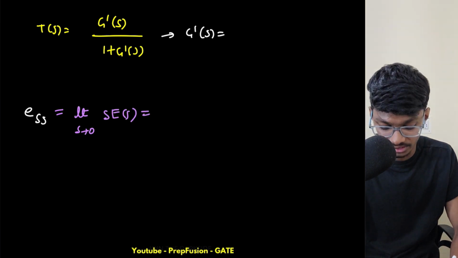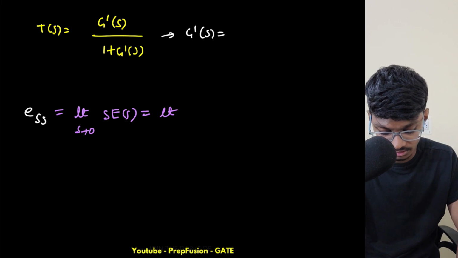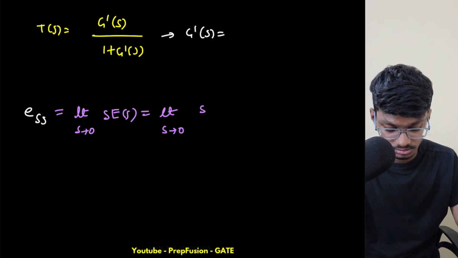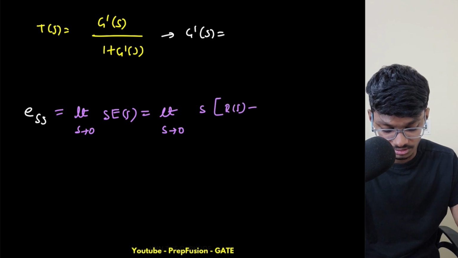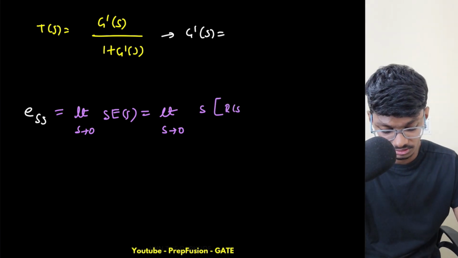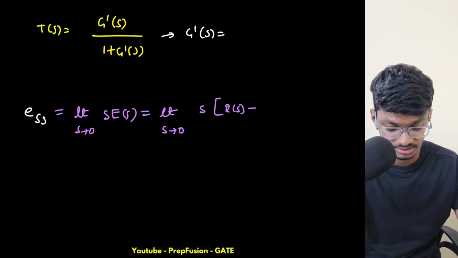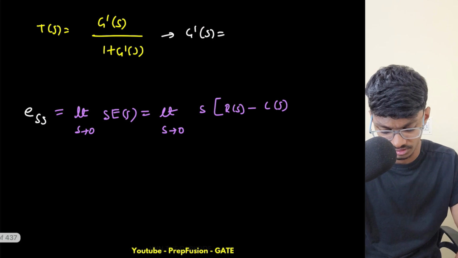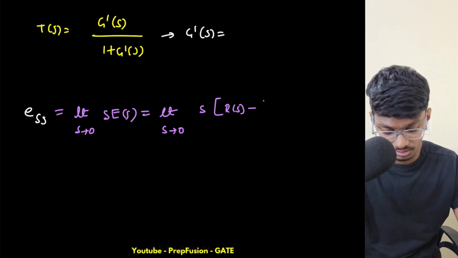Now what is e of s? Limit s tends to 0 of s into r of s minus c of s. If you remember, basically it was the actuating error signal itself. Or here we have taken y of s, so you can take y of s. It doesn't matter.